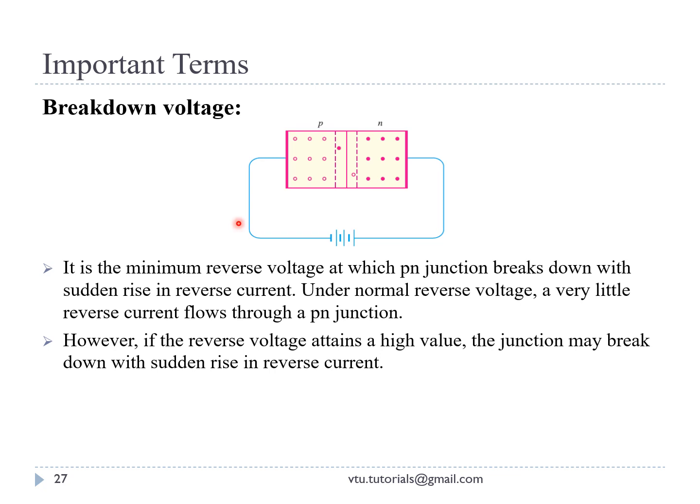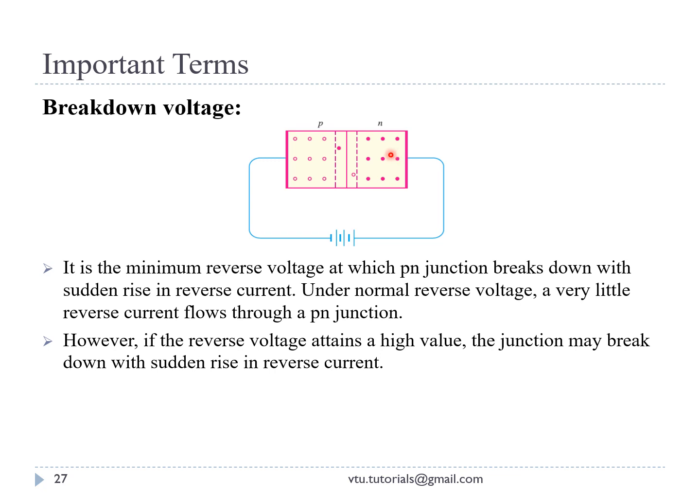This breakdown is due to electrons that acquire high energy and hit the other electrons in the covalent bonds. That hitting releases one more electron, and that electron with higher energy will hit other covalent bonds, and so on. There will be a release of a large number of electrons. This release of electrons due to the breaking of covalent bonds is called the avalanche breakdown.